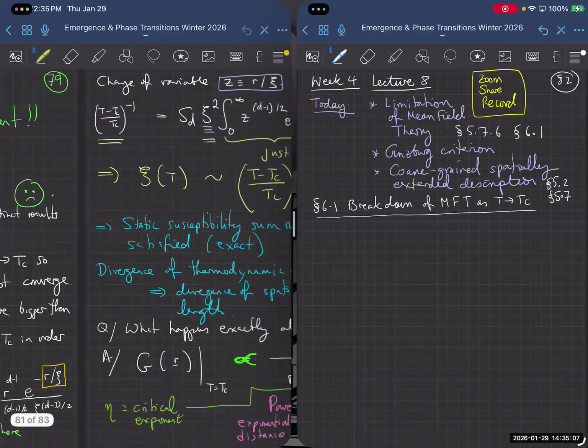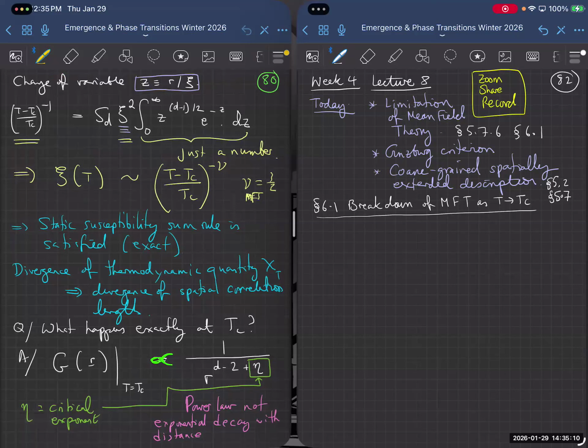After some algebra and change of variables, the correlation length must diverge as (t minus tc over tc) to the power minus a half as I go towards tc.